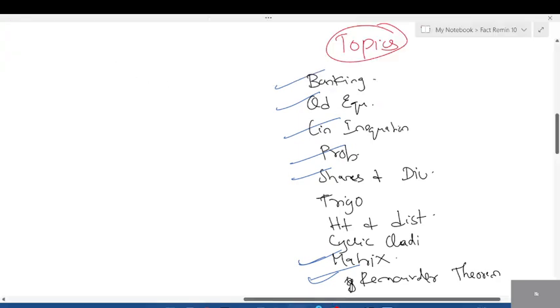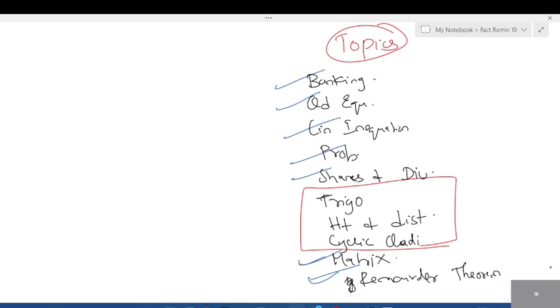Banking, quadratic, linear, probability, shares and dividend, matrix, remainder theorem. Okay, matrix and remainder theorem. In matrix, we'll solve one question. Remainder theorem, I don't think revision is required. After that, I'll make you all revise these three: trigonometry, heights and distance, cyclic quadrilateral. I'll send the pic.